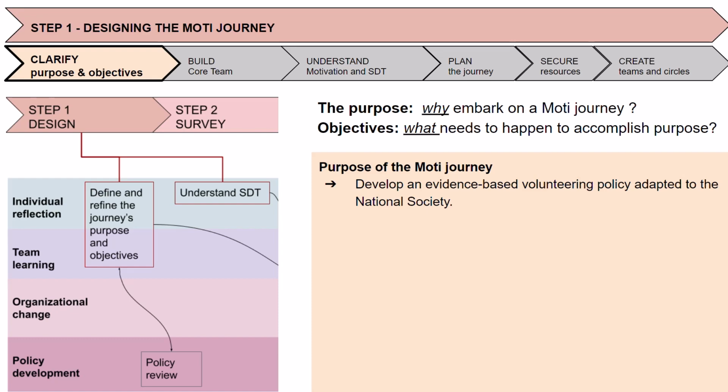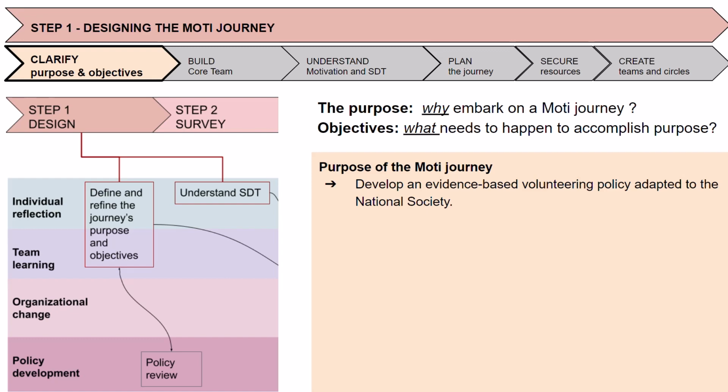And this policy should be rolled out by different national societies. To do that, it's interesting to get some type of evidence on what you need to prioritize in your volunteering policy. Is it volunteering motivation and well-being, or is it about the security of your volunteers, or is it about developing new forms of volunteering?